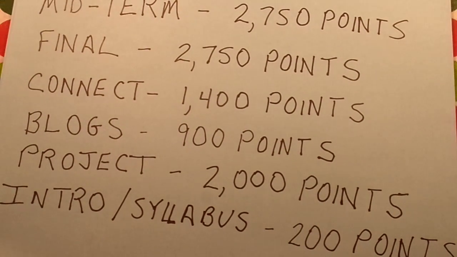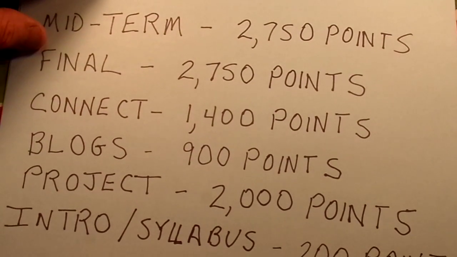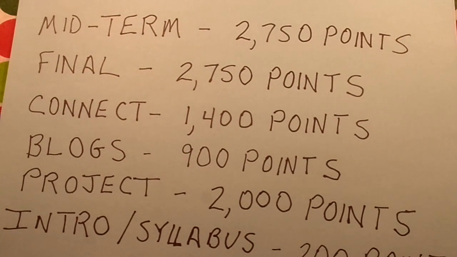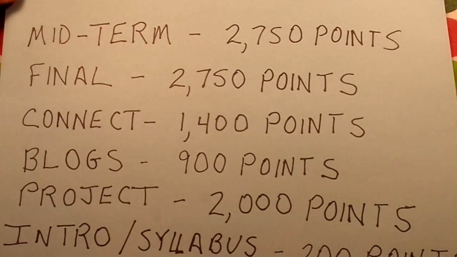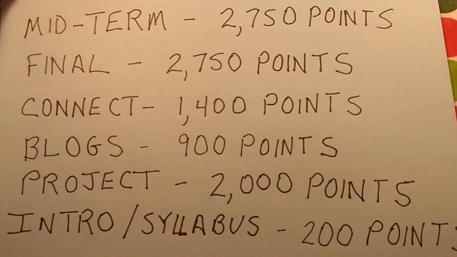So here's the way you're assessed in the course. You have a midterm exam that's worth 2,750 points. You have a final exam that's worth 2,750 points. Each of these are open book, open resources. Can't collude with anybody else. There's 1,400 points coming from Connect.